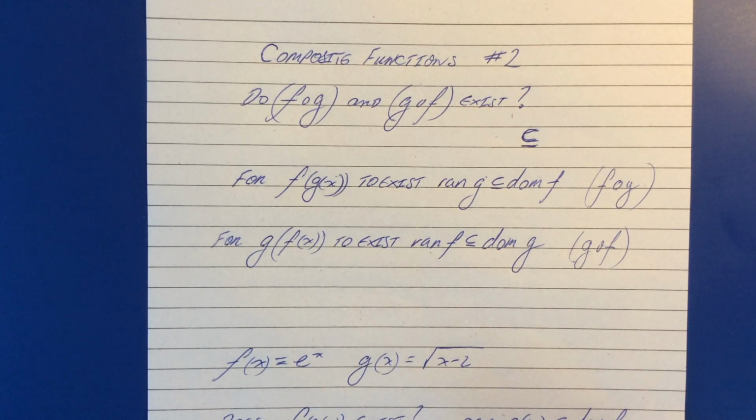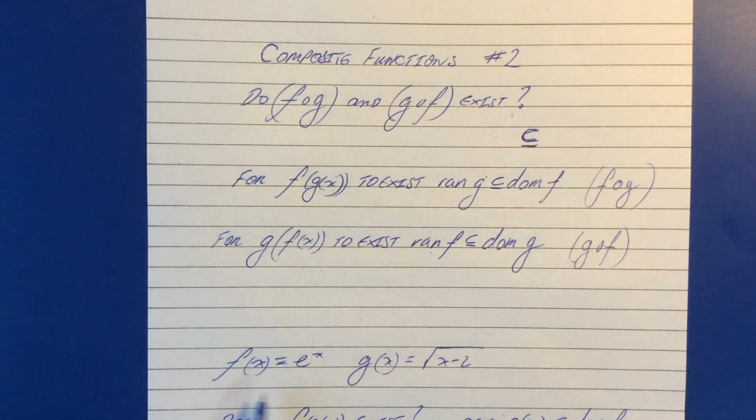So 1 over x, if x equals 0, forget about it. 1 over x minus 2, if x equals 2, again, forget about it. That is not going to make any sense. You try that in your calculator, you'll get syntax error or some other unhelpful message.